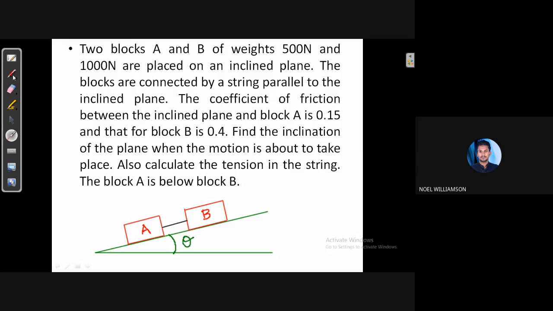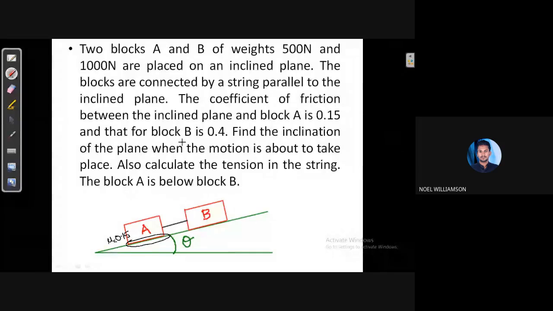Next, the coefficient of friction between the inclined plane and block A is 0.15. That means mu in this particular contact surface is 0.15.